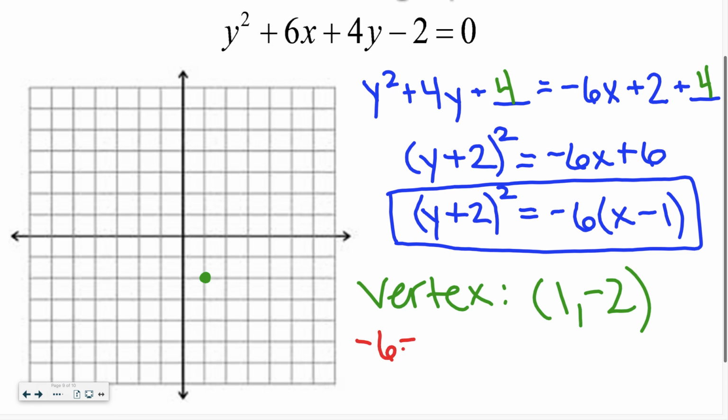Negative 6 is that coefficient that is 4p. So p ends up being negative 3/2. So now we can officially determine that this is going to open to the left because p is negative and y is squared.